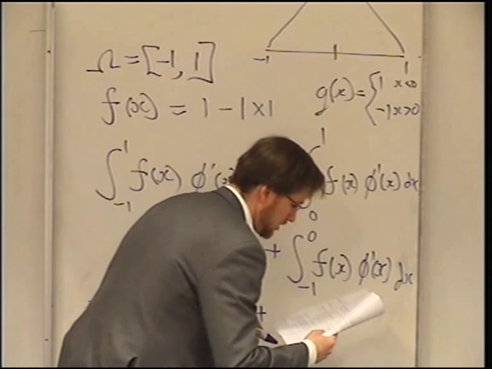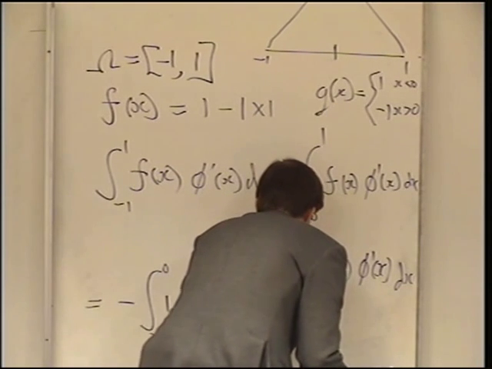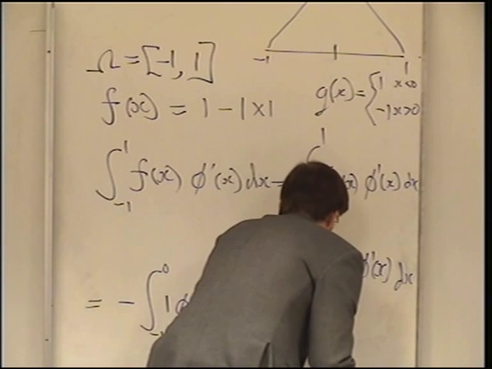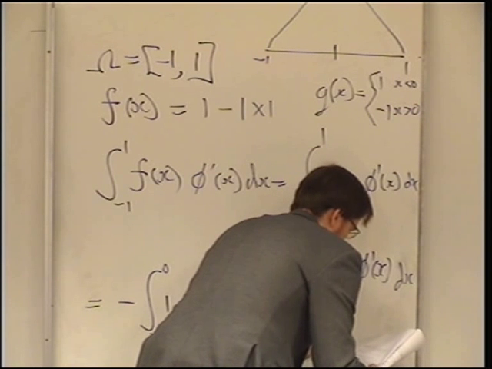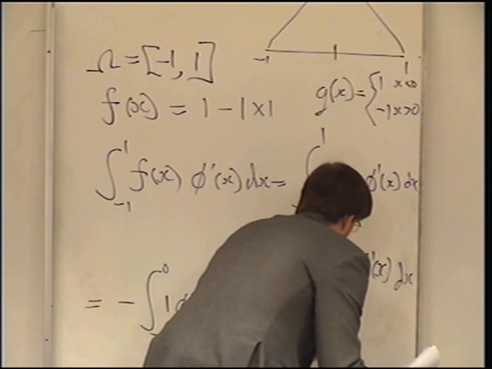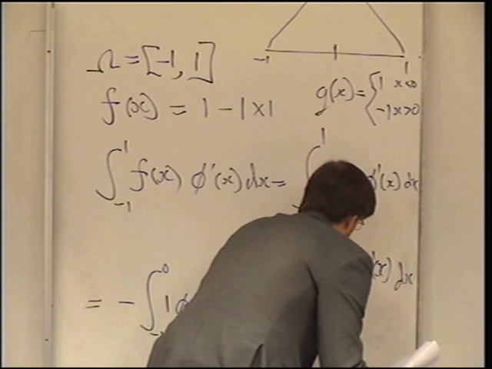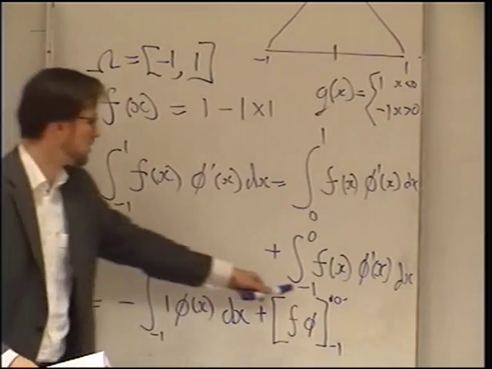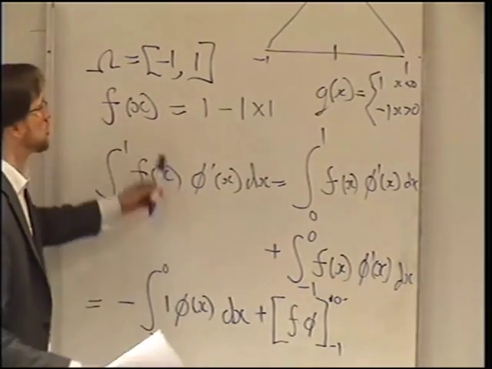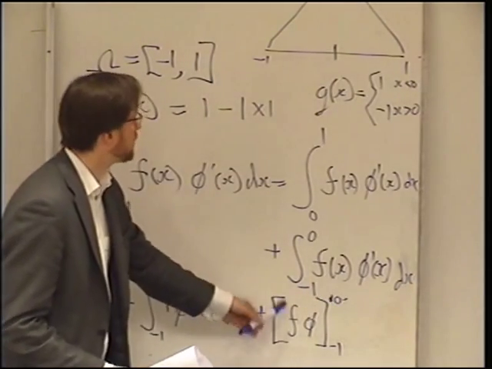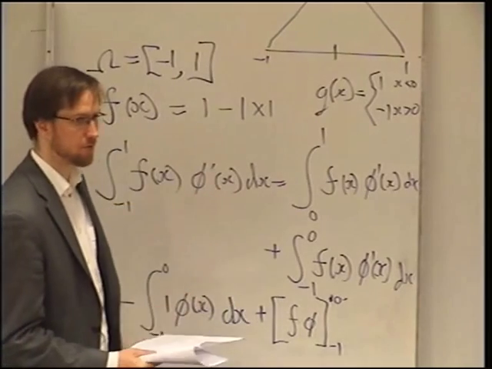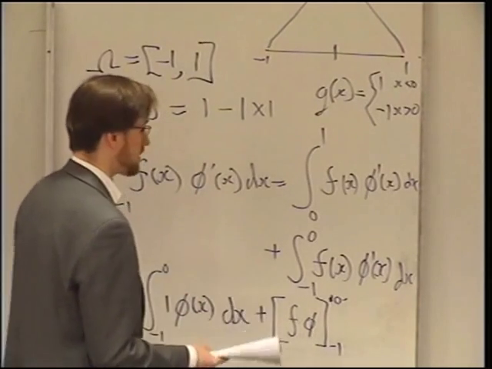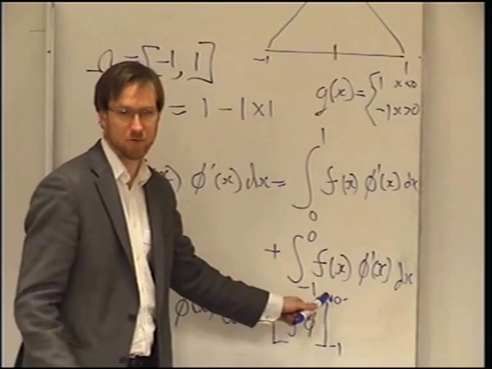Plus, now I need the boundary terms, so that is f times phi evaluated at -1 and 0, and I'll put 0 minus here, right? Because you have to remember when you're doing these, this is now a boundary term, so it's actually the evaluation of f approaching from one side. Although it doesn't matter in this case, it will matter in the next example.